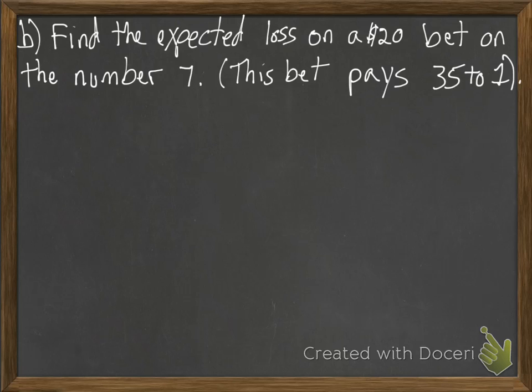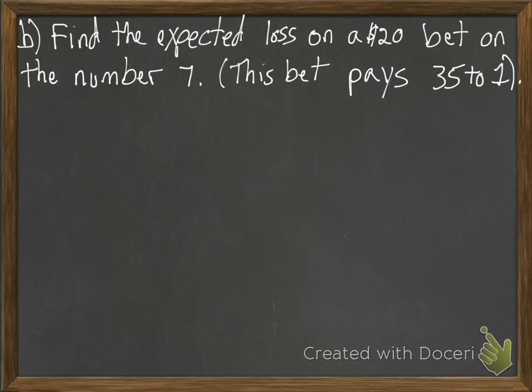Same situation, we're talking about a roulette wheel, except now we decide to bet on a number. Well, numbers pay out at a rate of 35 to 1, meaning that for every dollar you bet, if you win, you get 35 times that. If you lose, you just lose the amount that you bet.